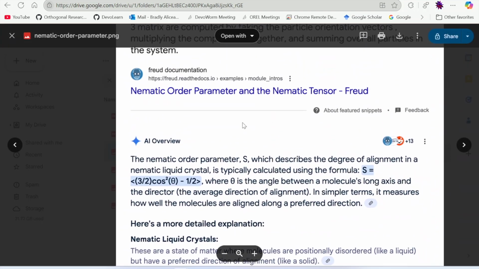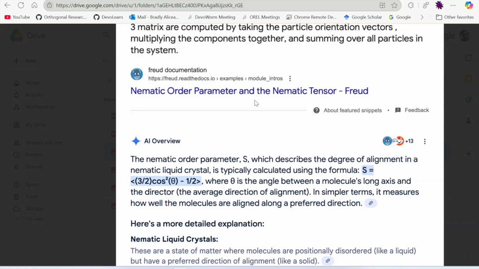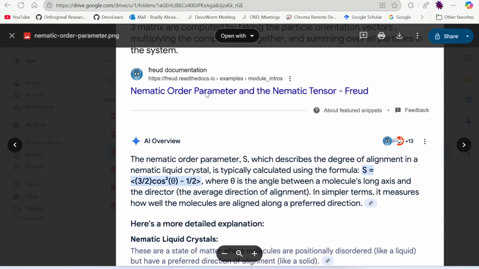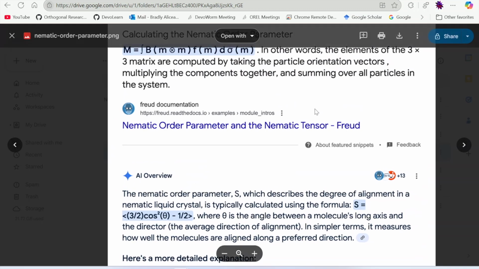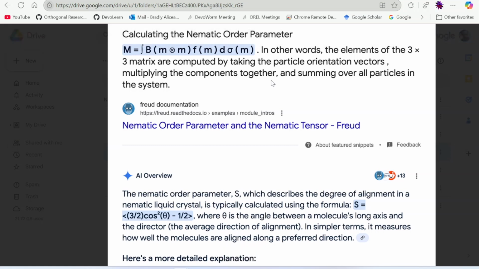There's this thing called nematic order, which is where they're aligned, versus a smectic order or some other type of order where they're not aligned in the same way. What you want to do is compute this nematic order parameter, which allows you to take the orientations of these objects, which in our case are cells. They could be molecules, they could be particles, and determine their order in terms of orientation.